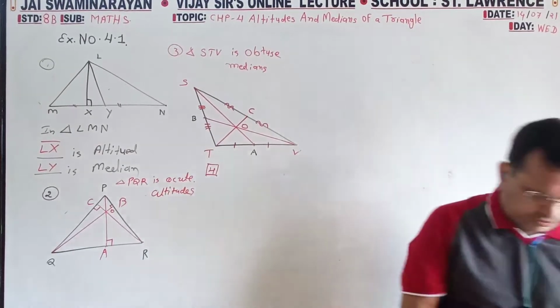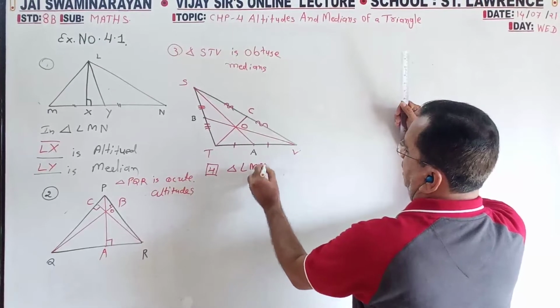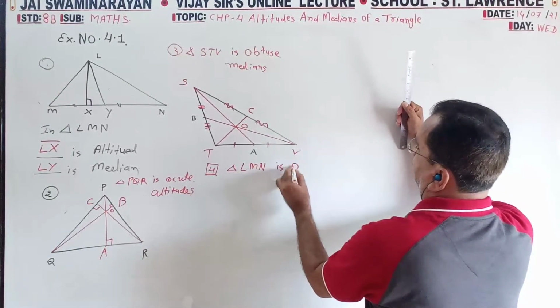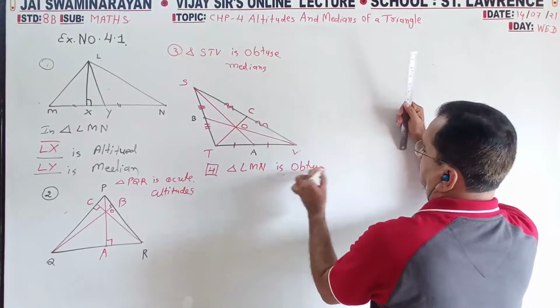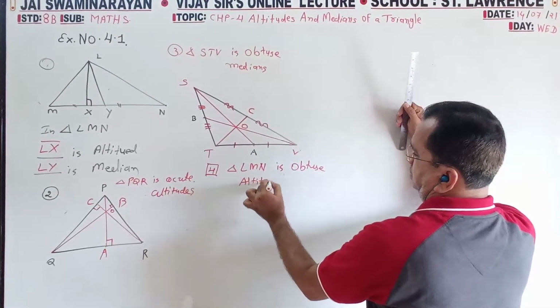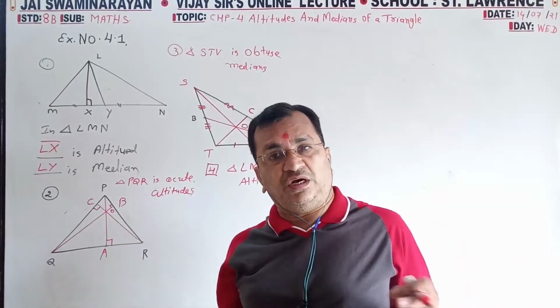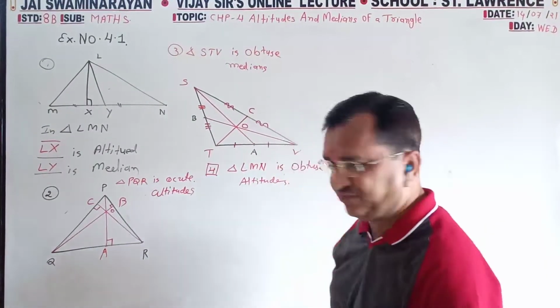Fourth one. LMN triangle is obtuse. And now altitude. Altitudes we have to do. With obtuse. Now be careful.